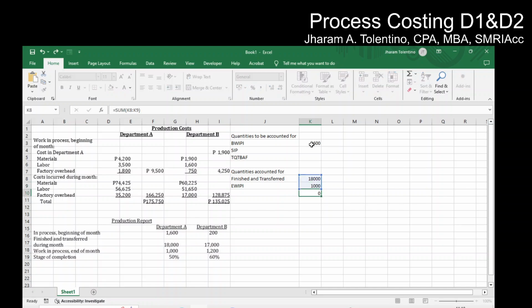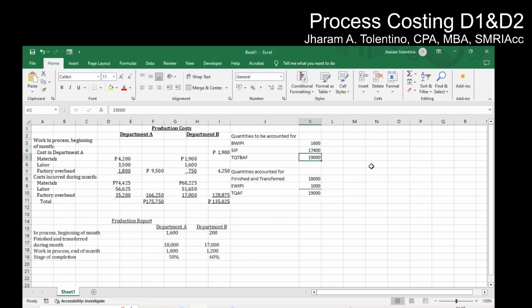All in all, you have 19,000. This is your total quantities accounted for, which is equal to the total quantities to be accounted for, 19,000. Started in process to be squeezed is 19,000 minus 1,600.